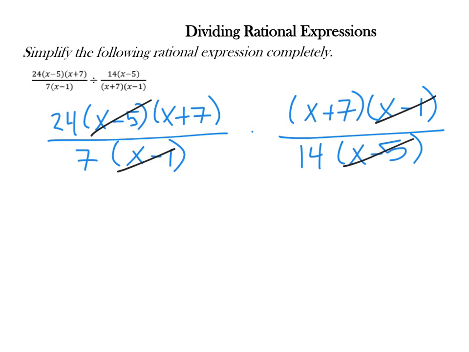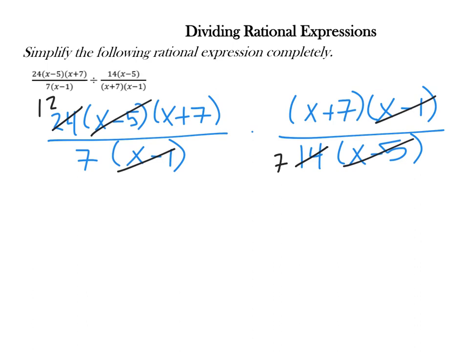The 24 and the 14 are both divisible by 2. So I'm going to divide by 2: 24 divided by 2 is 12, and 14 divided by 2 is 7.